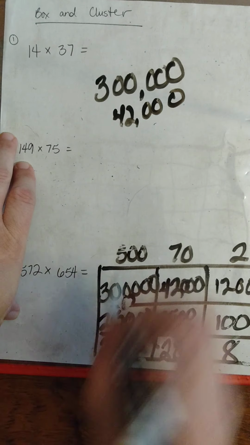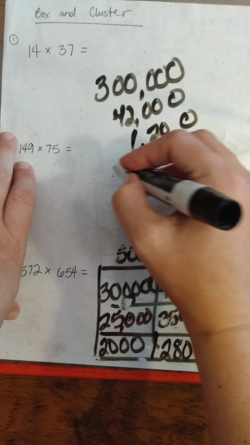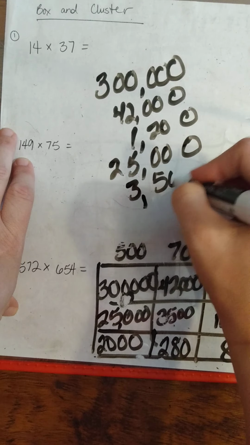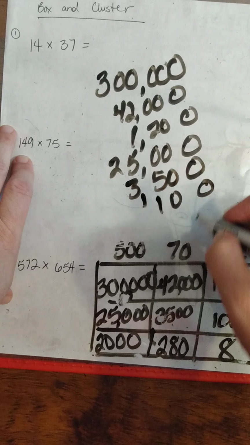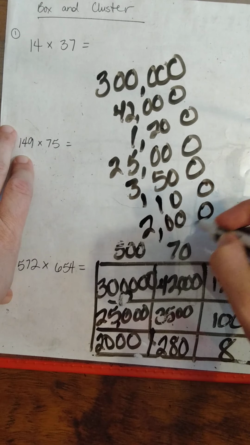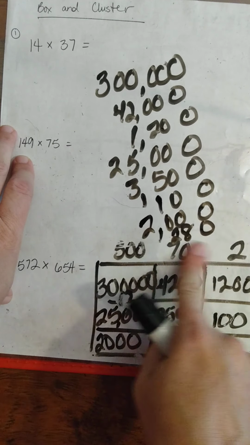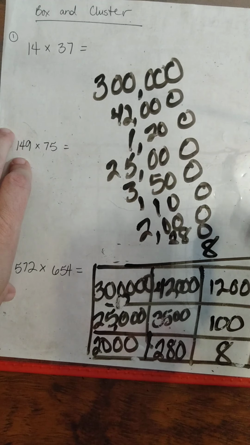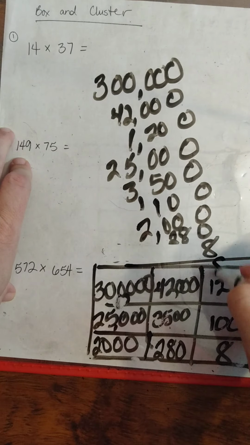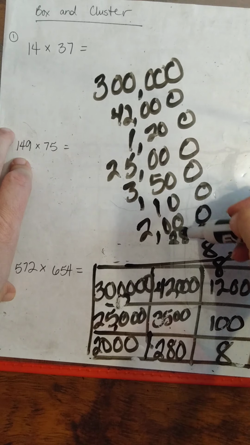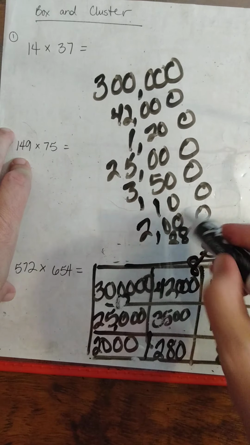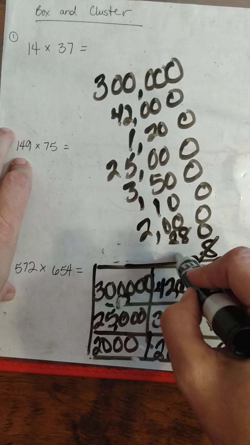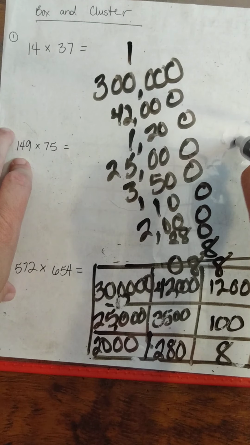42,000, 1,200, 25,000, 3,500, 100, 2,000, 280, and 8. So I have an 8. Then going down, I have an 8. 2 plus 5, 7, 8, 9, 10. Carry my 1 just like I normally would.